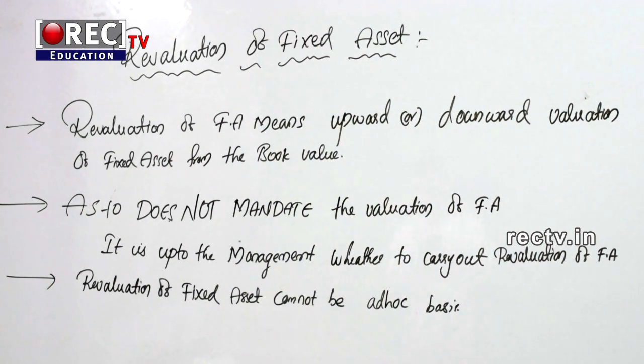It is up to the management whether to carry out revaluation of fixed asset. And the revaluation of fixed asset cannot be on an ad hoc basis. It means only part of the machinery should not be revalued. All the machineries or all the assets should be revalued, upward or downward.